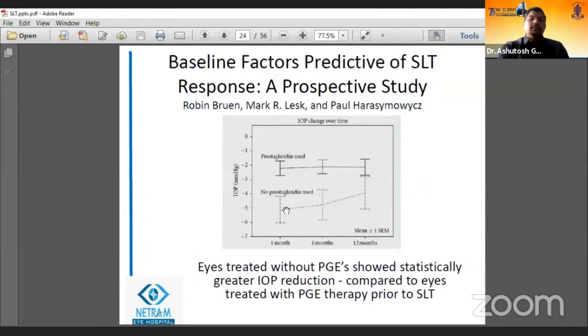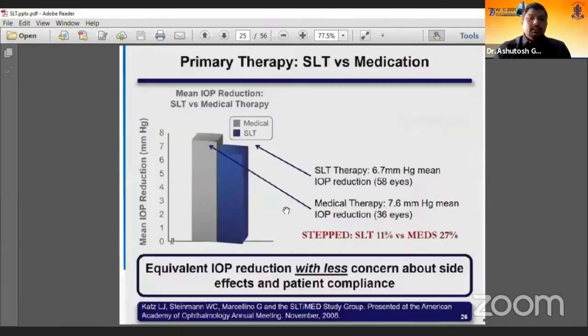One study by Robin et al., a prospective study, also compared SLT to PG analogs. The eyes treated with prostaglandin showed better IOP reduction when SLT was done prior to it, in the PG analog patients.